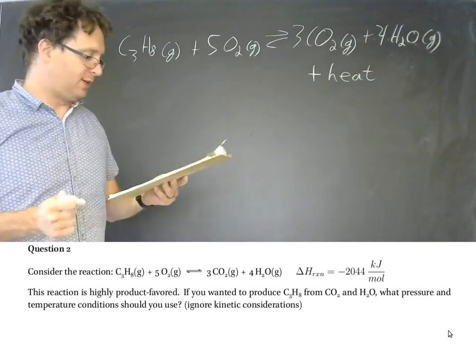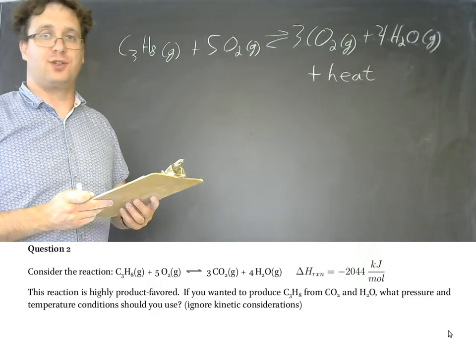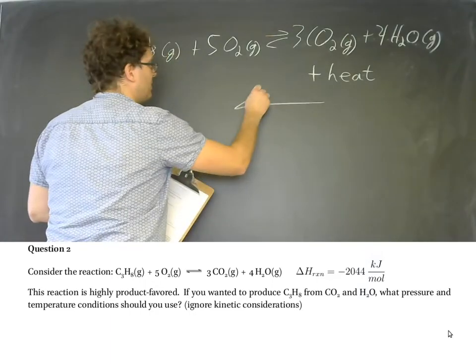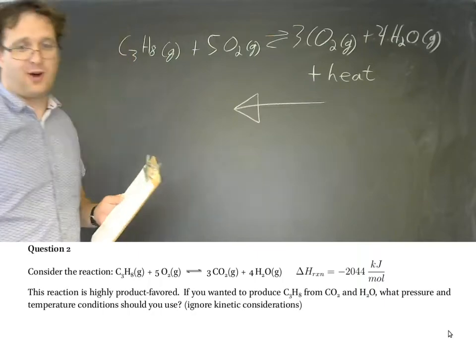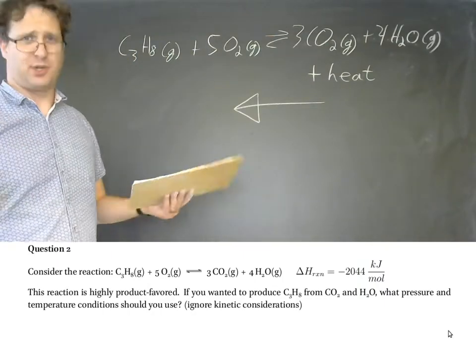So what pressure and temperature conditions should you use? What can we do to drive this reaction as far toward the reactants as we can in terms of temperature and pressure?